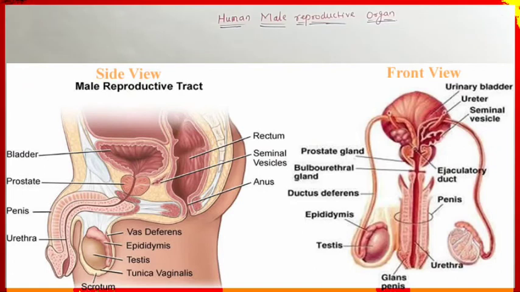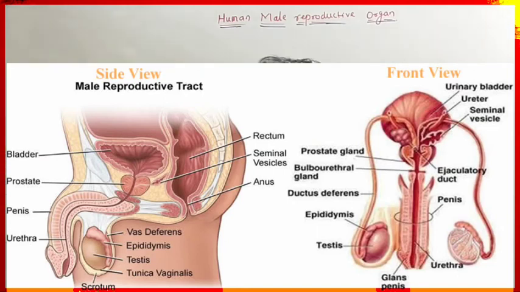Such a small sperm has to cross a distance of approximately 6.5 meters through different ducts while passing out of the male reproductive system.